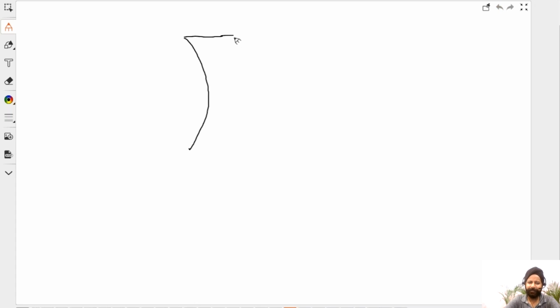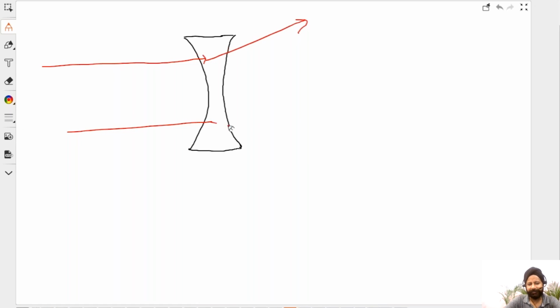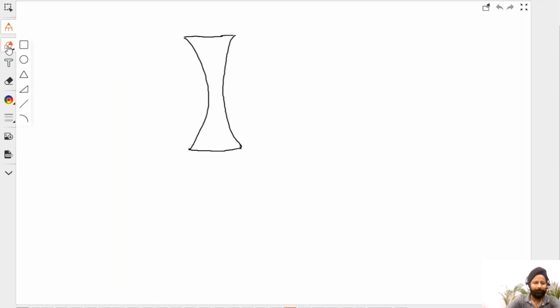So from here we have made a concave lens. Okay? Let's see. Now in your grade 10th, you studied this. Diverging lens, yes. Right, when you trace it back, it ends at the focal point. You studied this. Let's see why this happens. This happens because there is a wavefront, there's another wavefront, there's a third wavefront now.